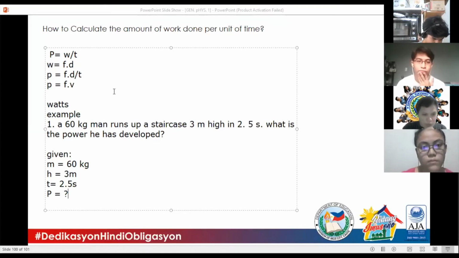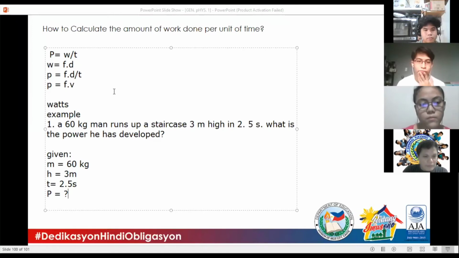Paano natin sosolusyonan yan, Alex? Kukuhanin po natin yung multiplication po ng 60 kilograms tsaka ng 9.8 meters per second squared. Parang mass times gravity po.